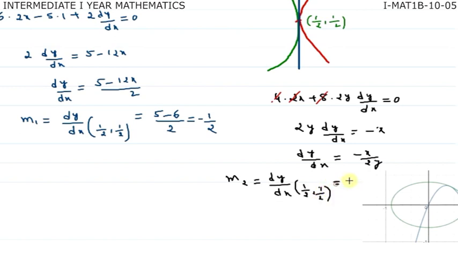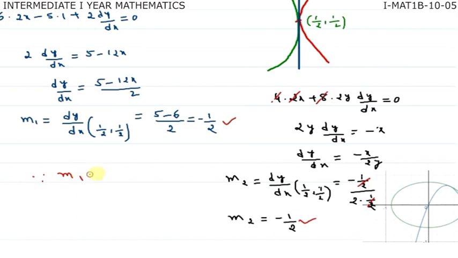So this is minus x value is 1 by 2 divided by 2 into y value is 1 by 2. Again here also 1 by 2, 1 by 2 gets cancelled. So m2 I got minus 1 by 2. Now observe the two values, m1 is equal to minus 1 by 2, m2 is also equal to minus 1 by 2.